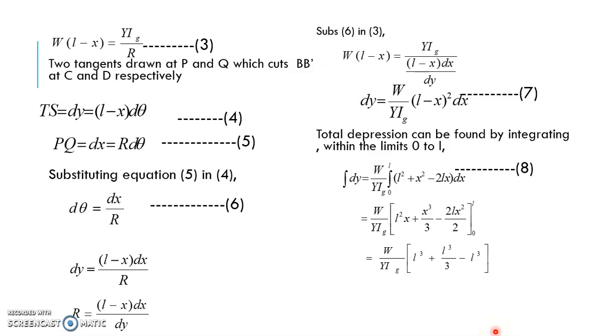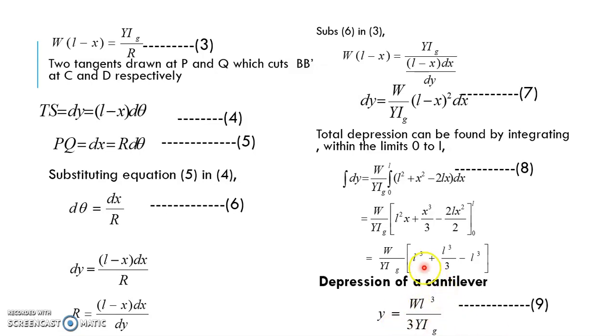The L cube will cancel, then the remaining term is the depression of the cantilever, y is equal to W L cube, the 3 goes to that side, therefore 3YIG. This is the expression for depression of a cantilever, that is y is equal to WL cube by 3YIG, where L is the length of the cantilever, Y is the Young's modulus of the beam, IG is the moment of inertia, and W is the weight suspended.